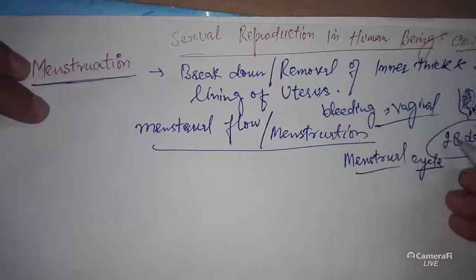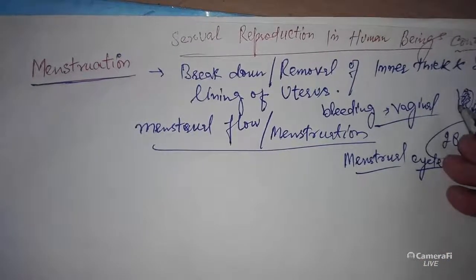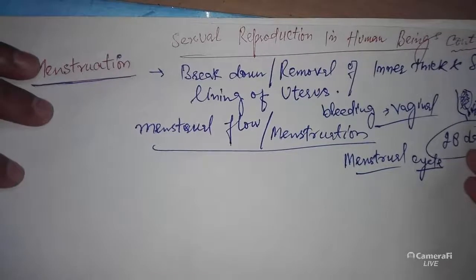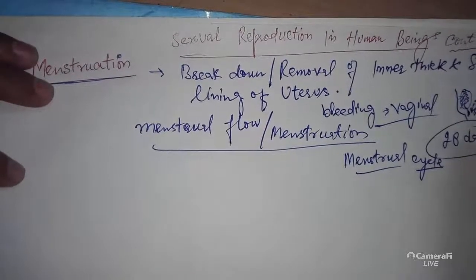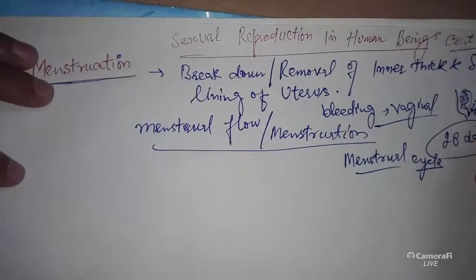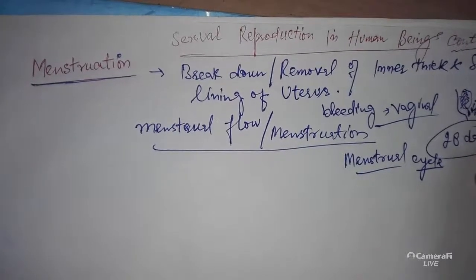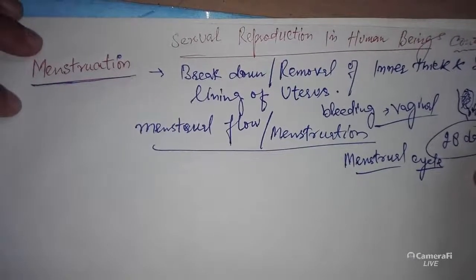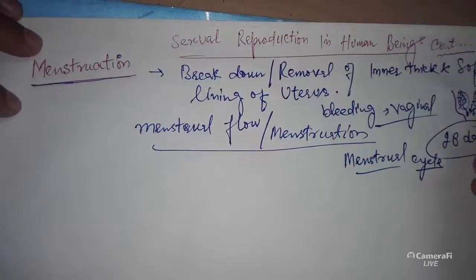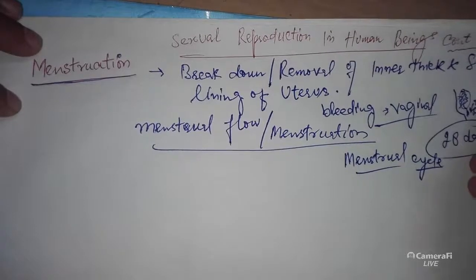The menstrual cycle is the period in which cyclic changes take place in the uterus and ovaries. If the egg produced in the ovaries is not fertilized, it comes out through the fallopian tube and is pushed to the uterus.